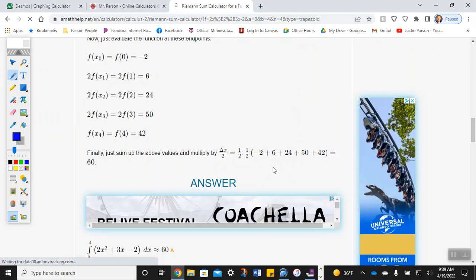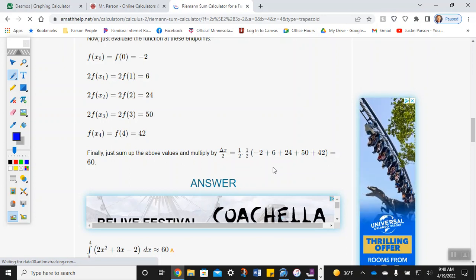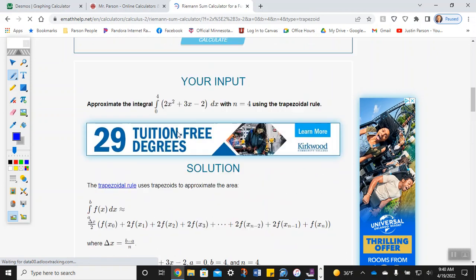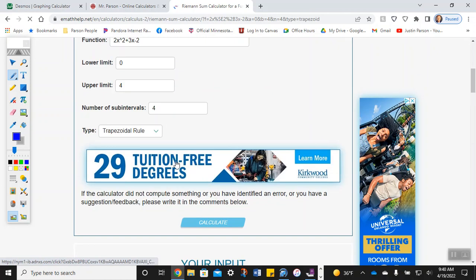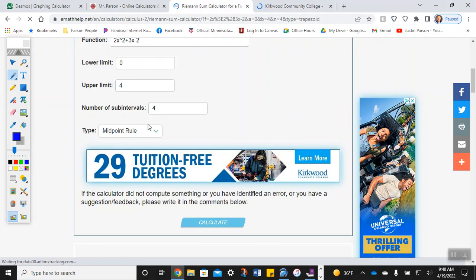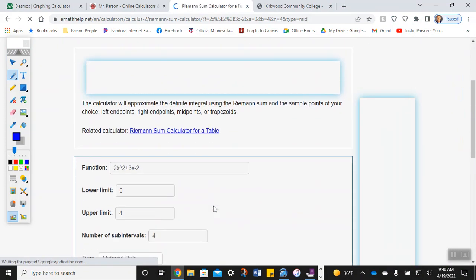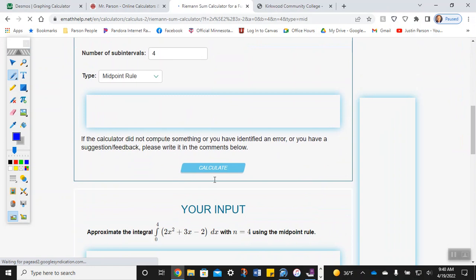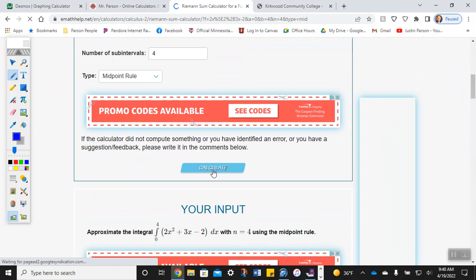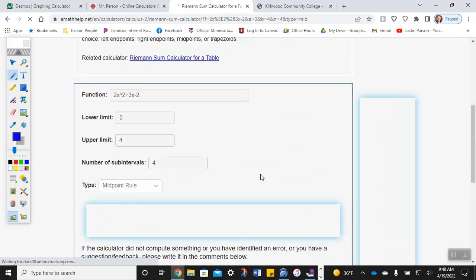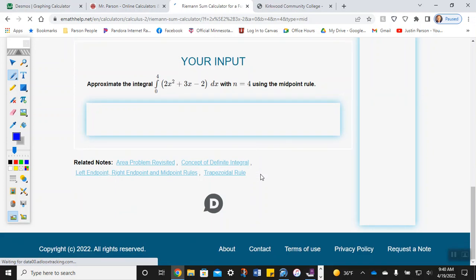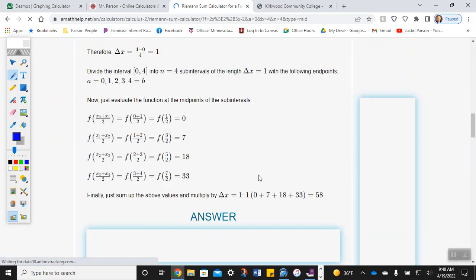You guys got 60 down for trapezoid? Okay, we need to do midpoint and what else? Midpoint rule, I come up with 58.